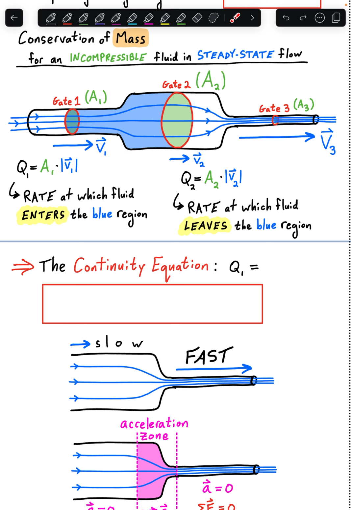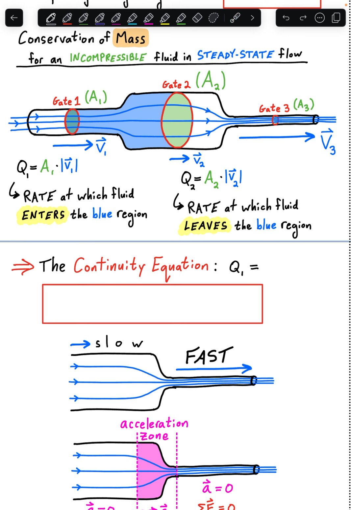But we're supposing our fluid is incompressible. You cannot pack more water into that same volume. So we have to conclude that the rate Q1 and the rate Q2 must match. The liters per second, the cubic meters per second entering that region has to match the cubic meters per second leaving that region. And that will hold true at gate 3 as well.